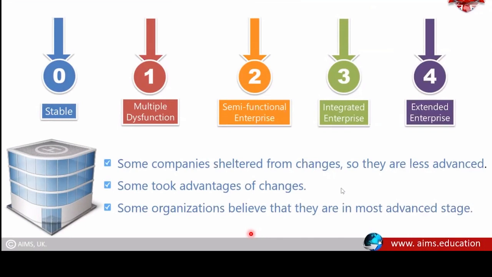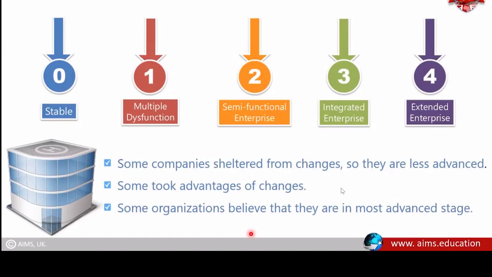It depends: some companies are sheltered from changes, so they are less advantaged. Meaning, sheltered from changes, so parang okay na sila on their existing process and they are not open to improve or automate their process. Kasi nase-serve naman nila yung requirement at the same time kumikita naman ang kumpanya. So parang it's the least opportunity for them to automate their process.